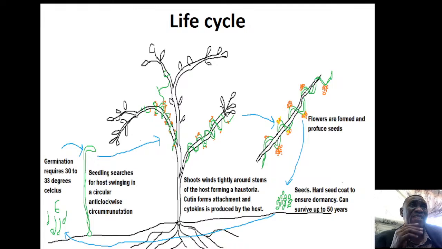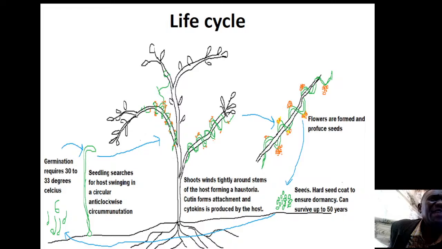Here I just want to explain a few things. If you start with the seed, the germination of the seed requires temperatures which are around 30 to 33 degrees Celsius. This parasite does not require germination stimulants. It just germinates like an ordinary plant.